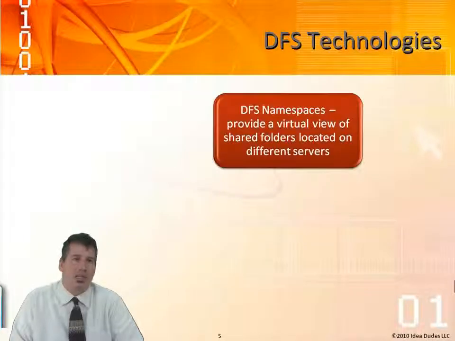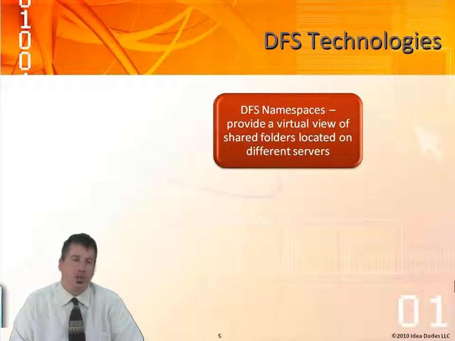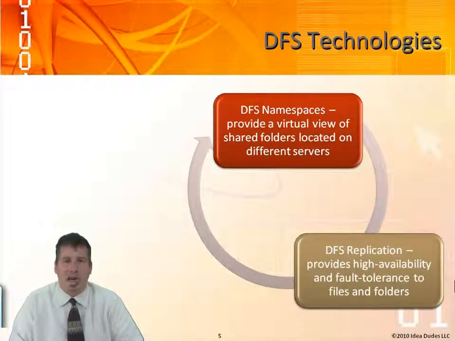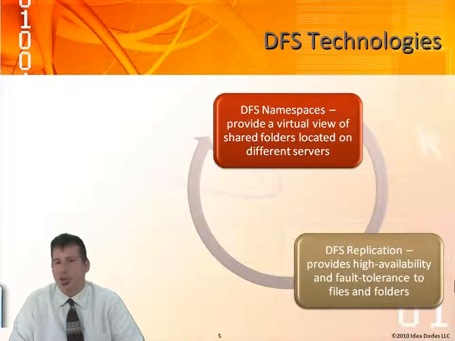DFS technologies: we have the namespace, which provides a virtual view. So you'll use the UNC, whack, the server, whack, and whatever the share name is, and that's going to be our actual namespace. Then we have DFS Replication, which provides the high availability and fault tolerance to the files and folders, because we're going to have a replication topology.